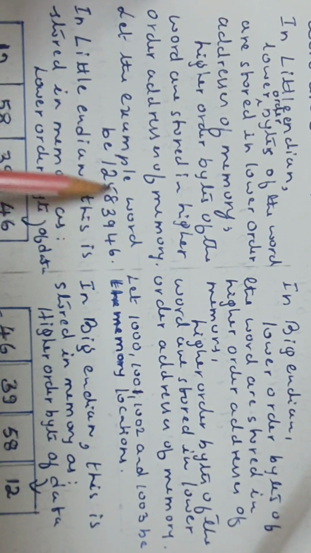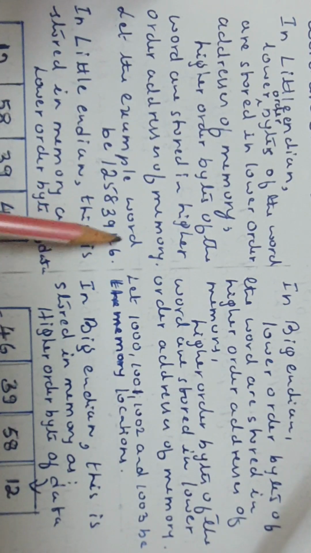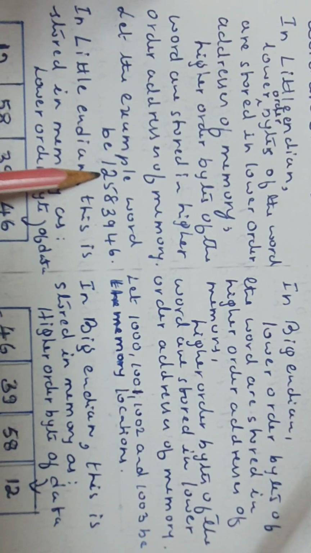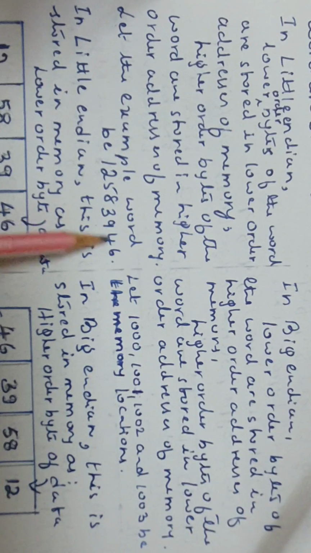So this is a 4-byte word, which means we are dealing with 32-bit words. A 32-bit word has 4 bytes: 1 byte, 2 byte, 3 byte, 4 byte. So this is the example word we have taken, 4 bytes long.